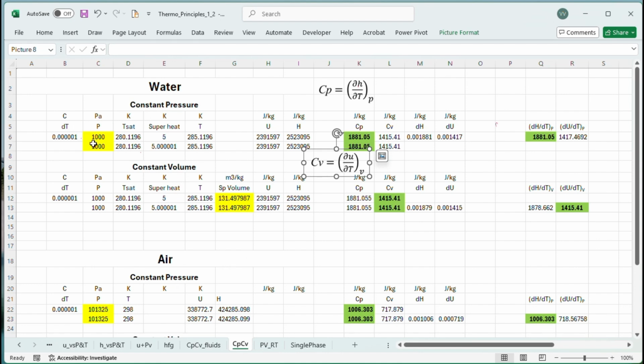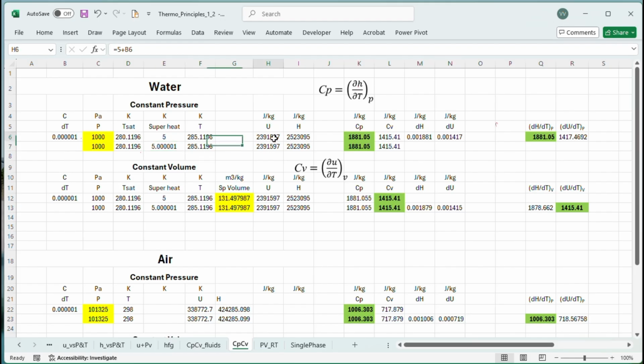So in the case of water vapor, we find this derivative by taking a really small delta T. There is one temperature here and another temperature here that's just 0.001 more. So you're finding the saturation temperature, adding a small delta of 0.001, and taking that difference.